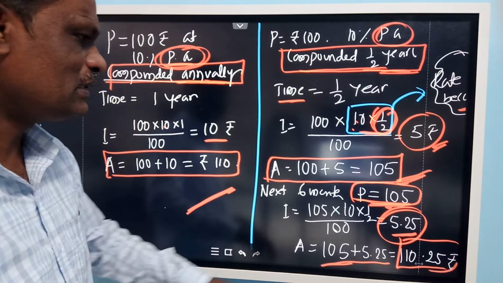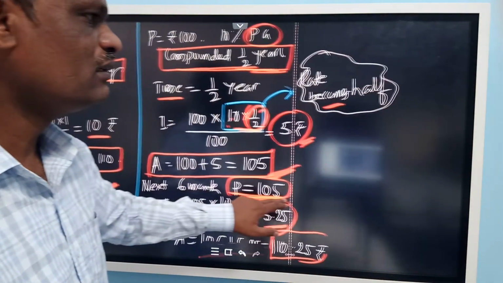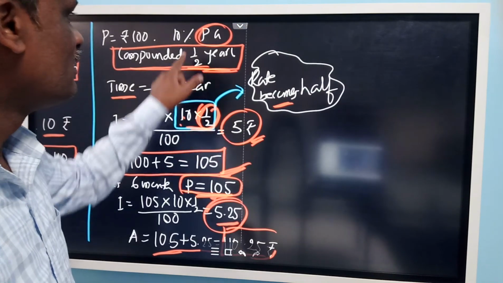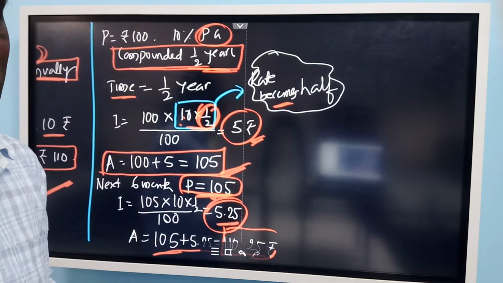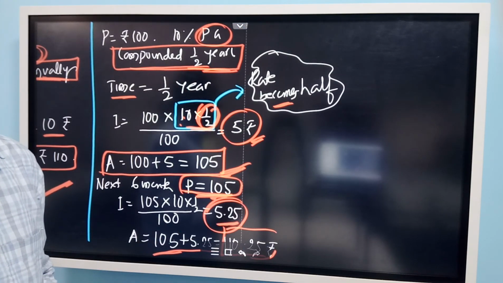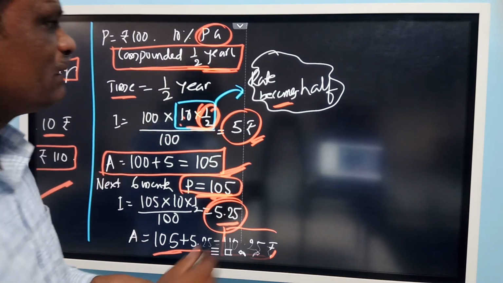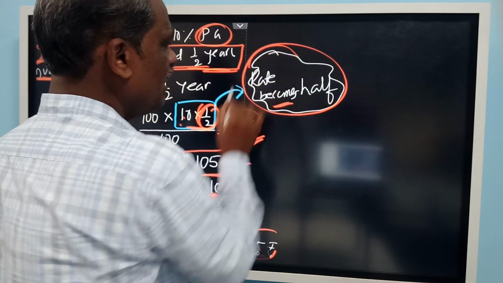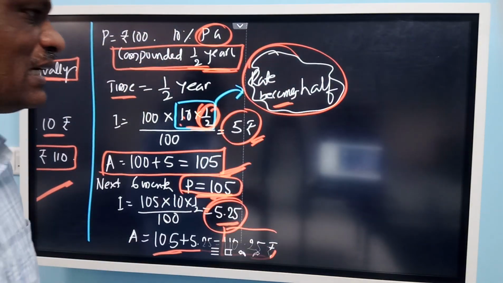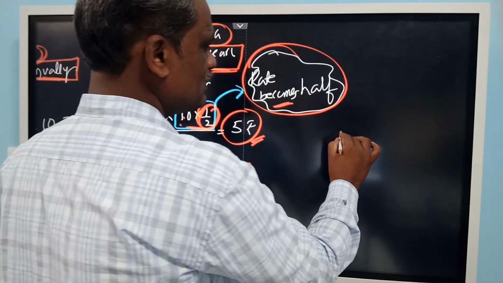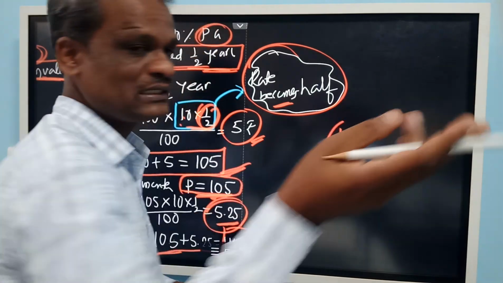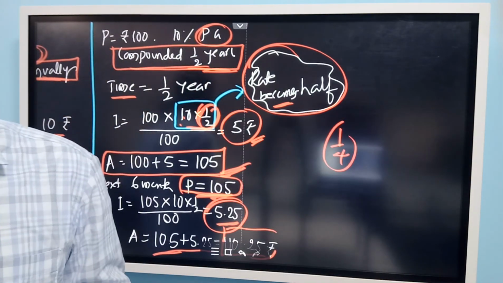So that's the difference. Half yearly, annually, and even if it is quarterly, what happens? The time becomes 1/4, so the rate becomes 1/4. Keep in mind: the rate becomes half if it is half yearly calculation, and the rate becomes 1/4 if it is quarterly calculation.